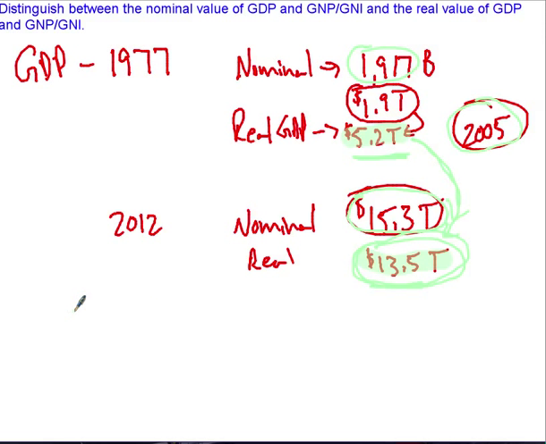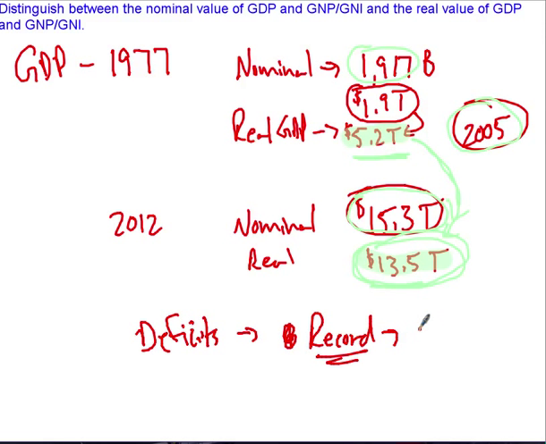One final note: when we look at U.S. government deficits, we certainly have huge, massive deficits today. I forget the exact number, but a lot of times you'll hear people say we have record deficits this year, and in a way that's true, but this is nominal.